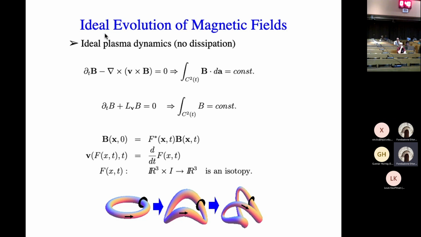And that means that your magnetic field is transported by a flow, a diffeomorphism. So at any time t, you can pull back the magnetic field under this mapping and get to the magnetic field at your initial time. And this mapping is the flow of the velocity field.